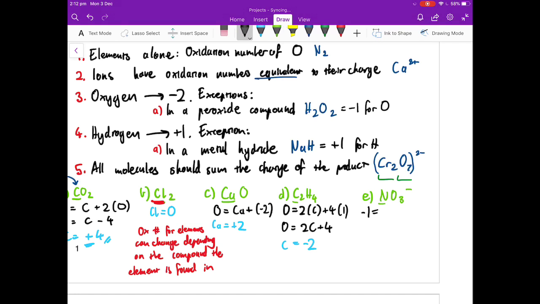So N is going to just be shown as N plus 3 times oxygen. And what does oxygen have as an oxidation number? Again, -2. So -1 equals N - 6. And so nitrogen is going to have an oxidation number of +5. And that's going to be our answer.